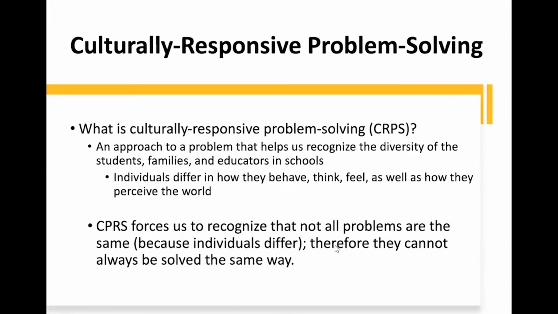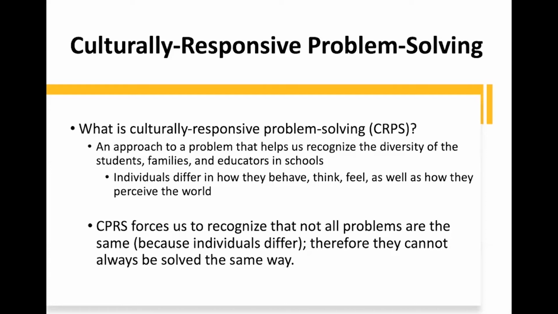So with that, culturally responsive problem solving is really an approach. It's a perspective on how we understand diversity. How we understand diversity in our schools, how we understand diversity even more largely than that in terms of our society, on multiple levels.